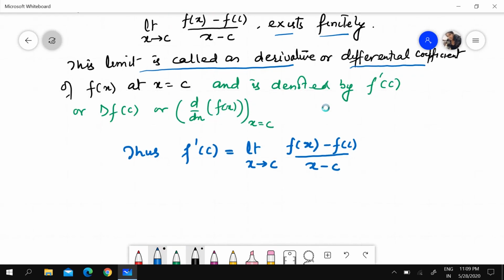Thus, the derivative of a function at c is given by the limiting value of (f(x) minus f(c)) upon (x minus c).